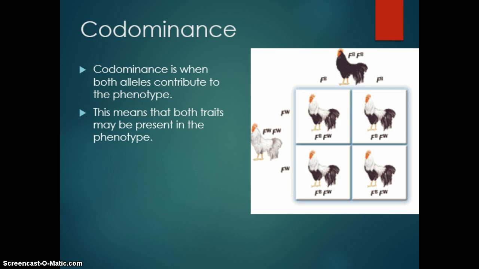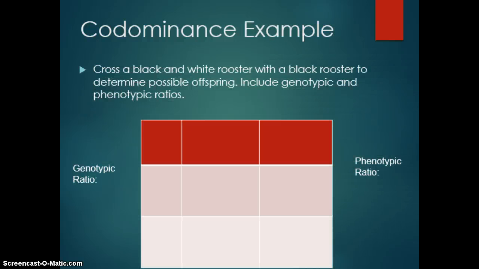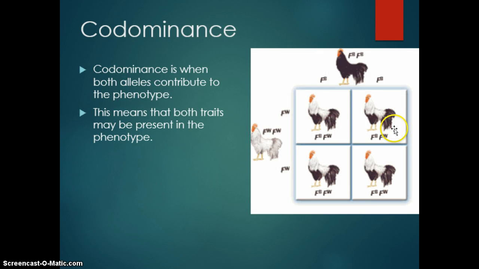One example is dealing with chickens, black and white. So we have a black rooster being crossed with a white rooster.